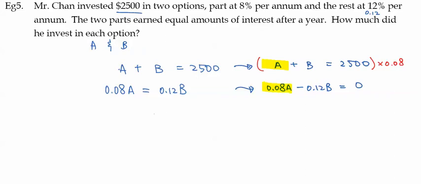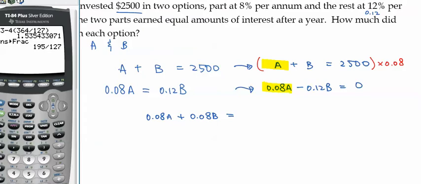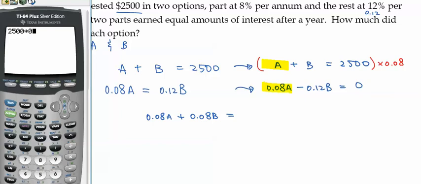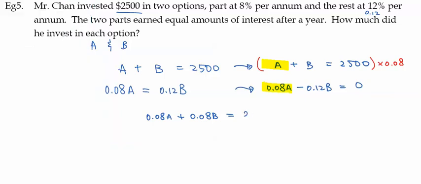Now we have, let me do it here, 0.08 times A, 0.08 times B equals 2,500 times 0.08. That's what I'll be getting on the right-hand side, 200.